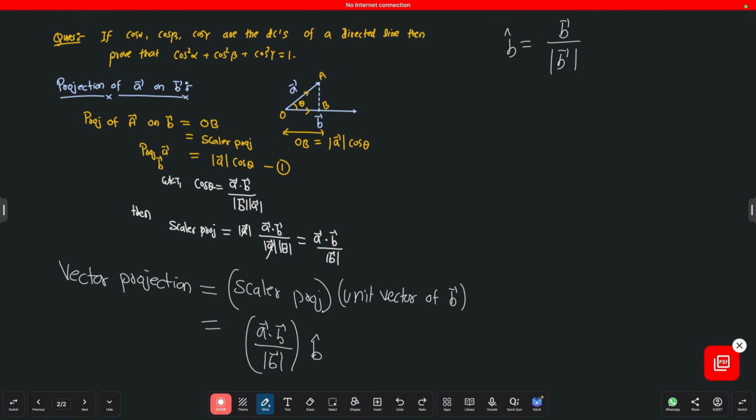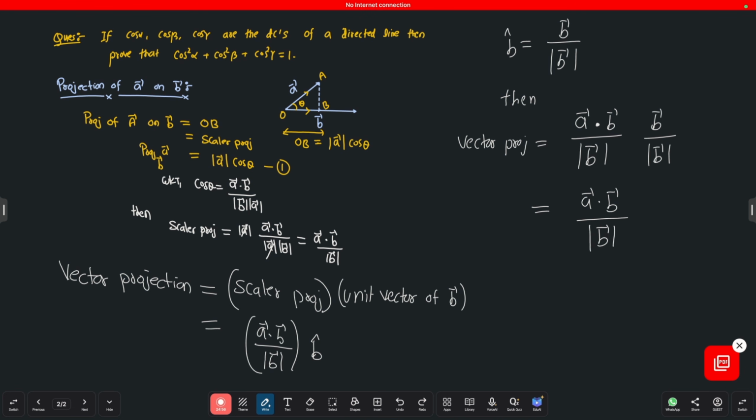So if I put this value here, then we will have two forms of vector projection. Vector projection will be A vector dot B vector upon magnitude B, times B cap, and B cap is B vector upon magnitude B. Magnitude B appears twice, so whole square. You have to remember two forms, one is this and one is this.